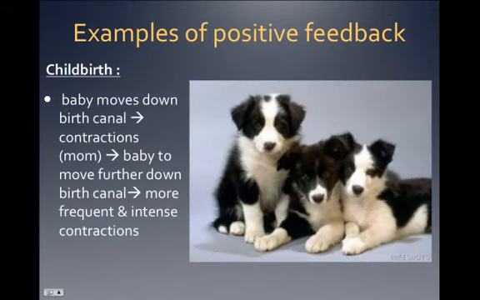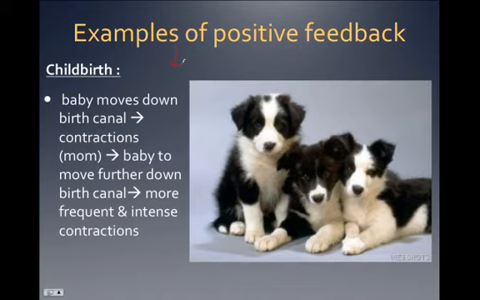So the example in this case is that as the baby moves during labor, as the baby moves down the birth canal, in its initial change here, then as it moves into the cervix, this stimulates uterine contractions.